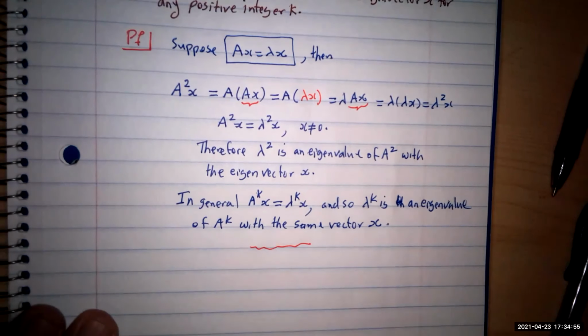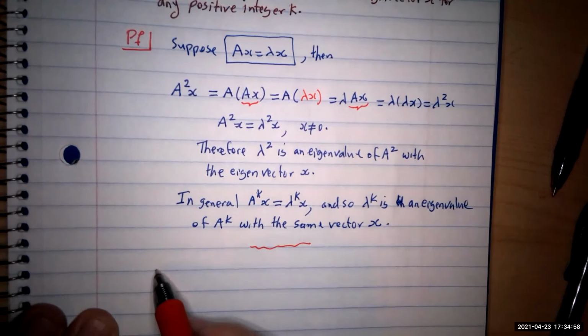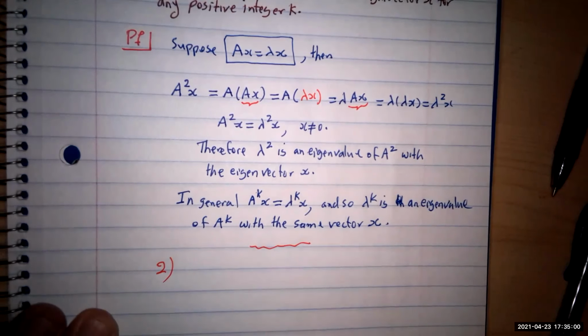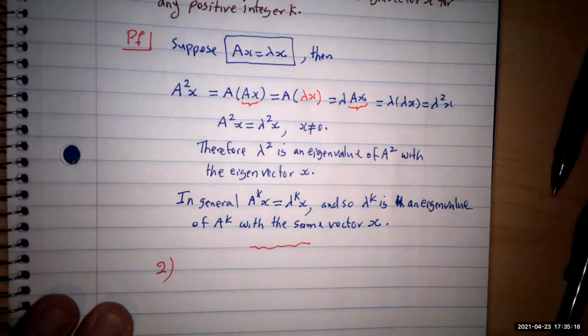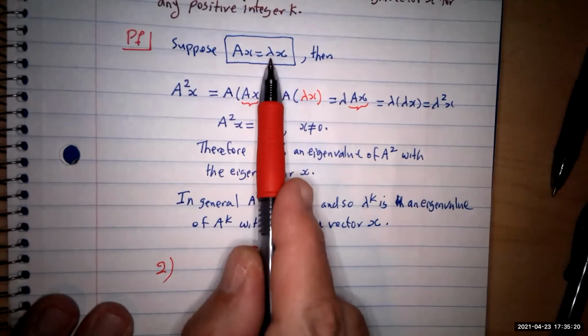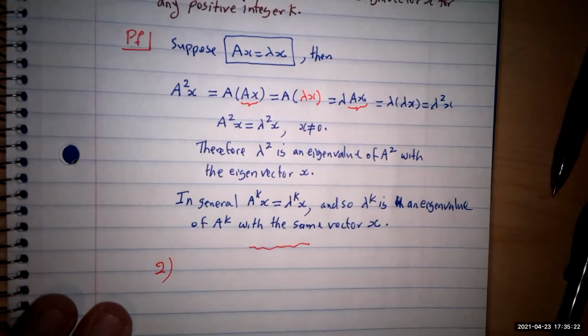Again, the problem is in your book. The second property is that we want to know the relationship between the eigenvalue of a matrix A, in case A is invertible, and the eigenvalue of A inverse. So suppose the matrix A is invertible and lambda is its eigenvalue.